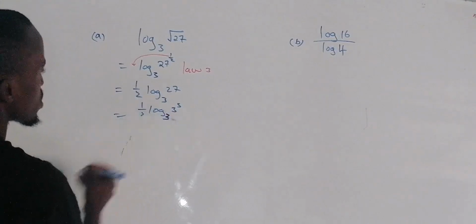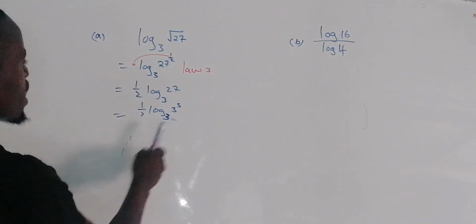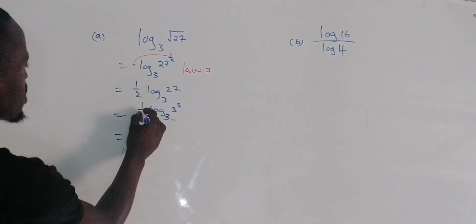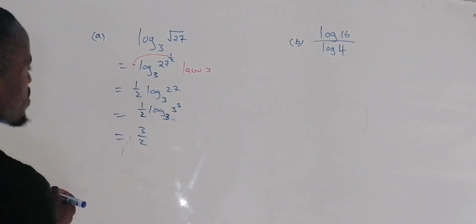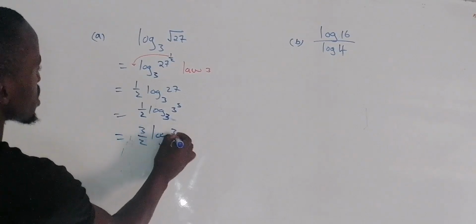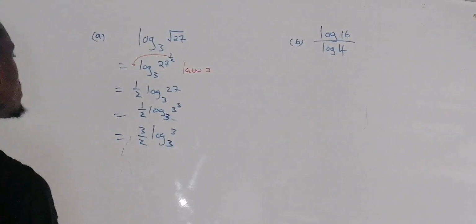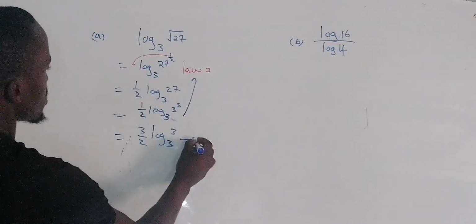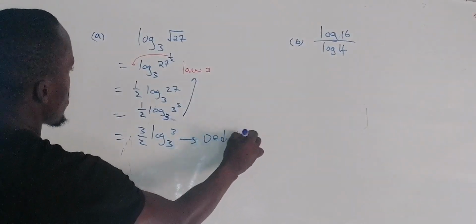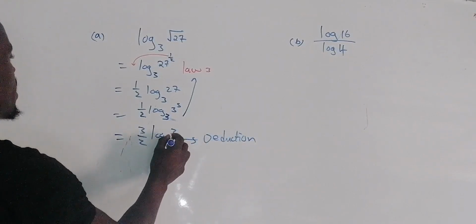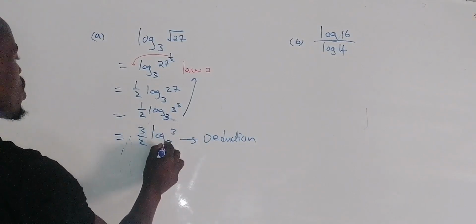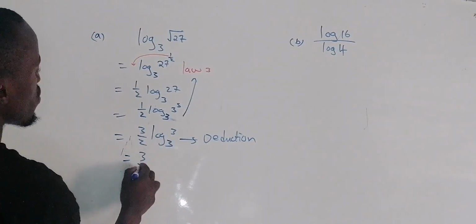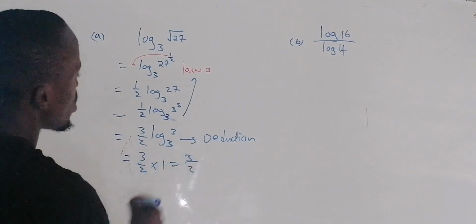So we have to multiply this 3 with that coefficient, which will be 3 over 2. Remember here it's 2. This times that will give us 3 over 2 log 3 base 3. Then you can see that this is a deduction. We know that we have the same log, same exponent and base. So it will be 3 over 2 times 1, which is 3 over 2.